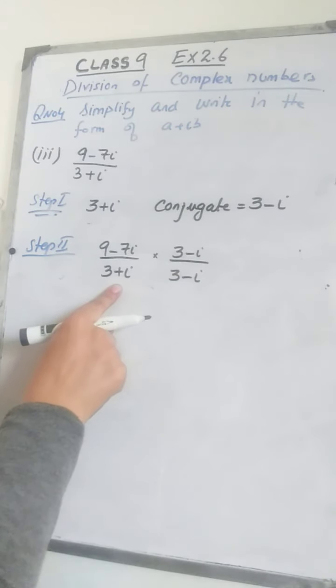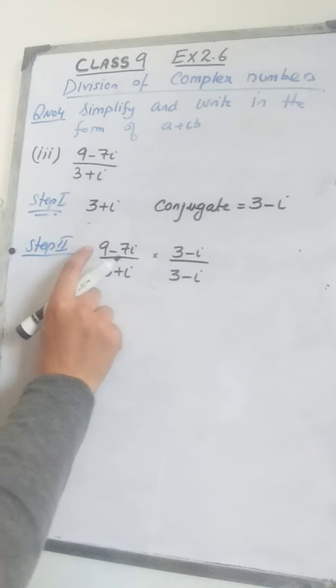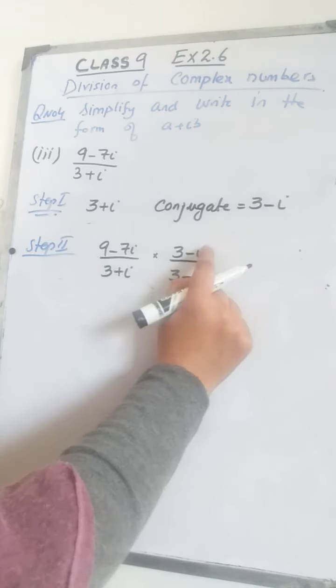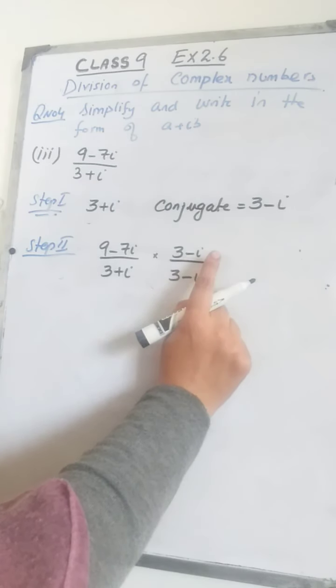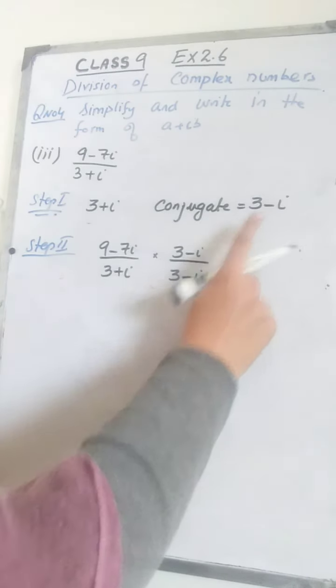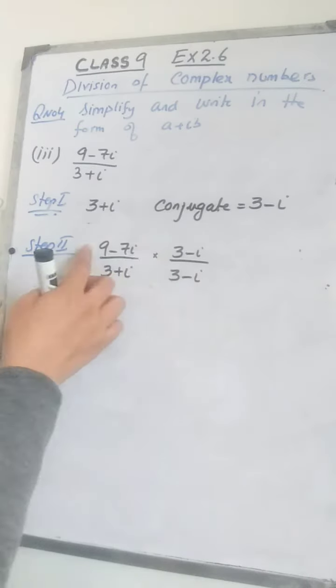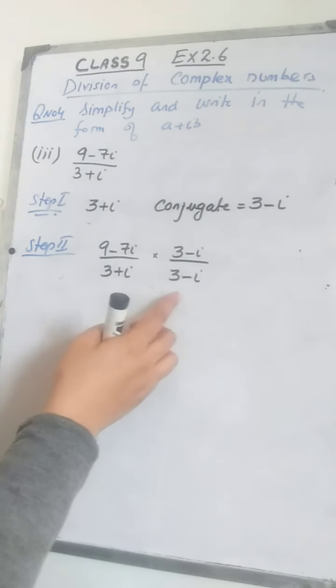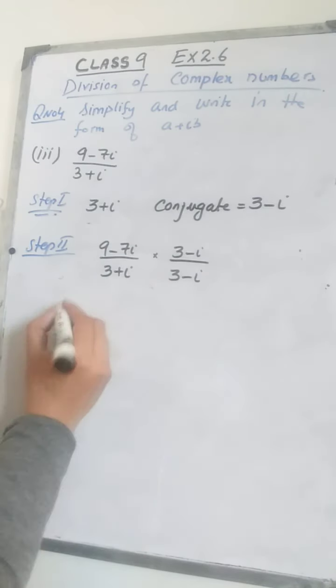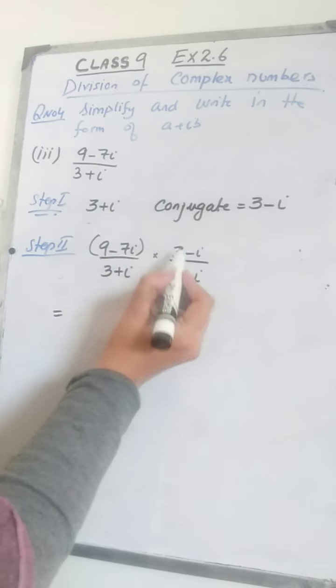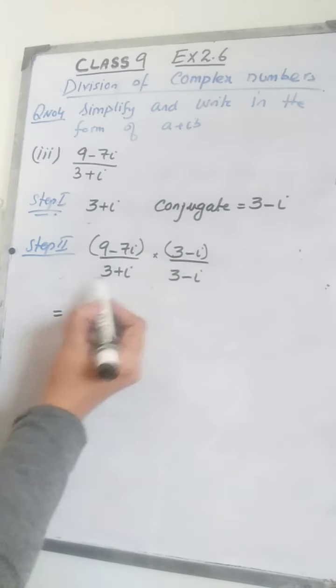Okay, this is multiplication with the denominator and this is multiplication with the numerator. So you are going to multiply and divide by the conjugate of the denominator. Or you can also say that you are multiplying the numerator as well as the denominator by the conjugate of the denominator. And the next step will be, obviously, we are going to multiply these two and these two.